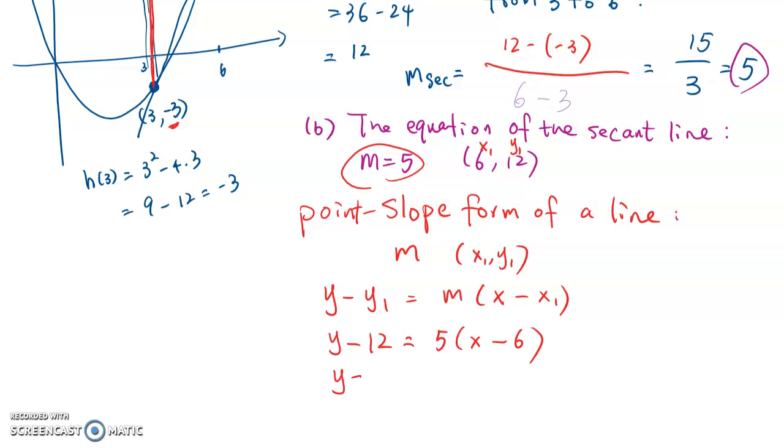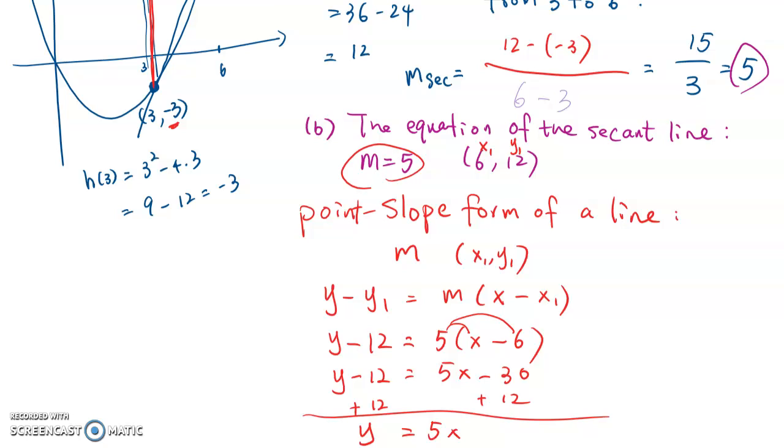So y minus 12 equals, distribute, 5x minus 30, add 12 on both sides. So I have y equals 5x minus 18. And this equation is the equation of the secant line that we're looking for.